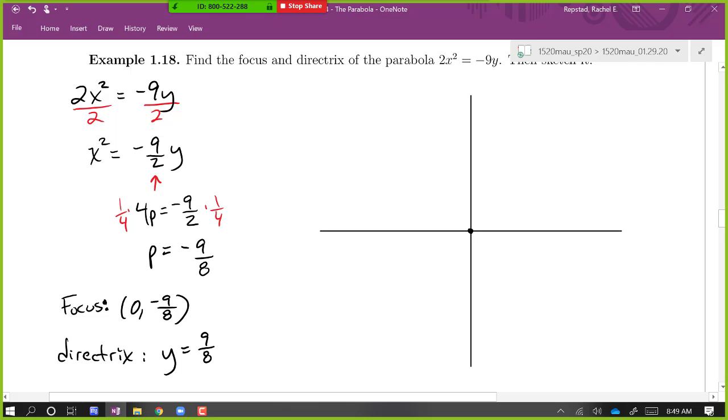So there's our vertex at the origin. The focus is negative 9/8, so if that's negative 1, it's maybe a little bit below it. And if that's positive 1, the directrix is a little bit above that. And it opens downward. So there's a quick and dirty sketch of that parabola.